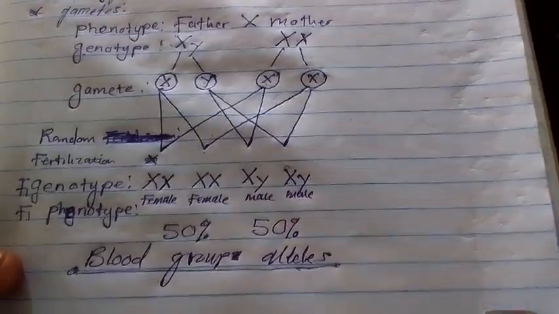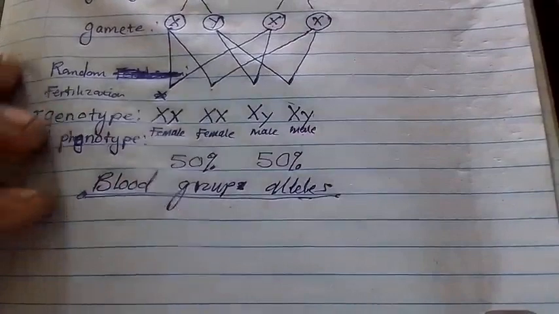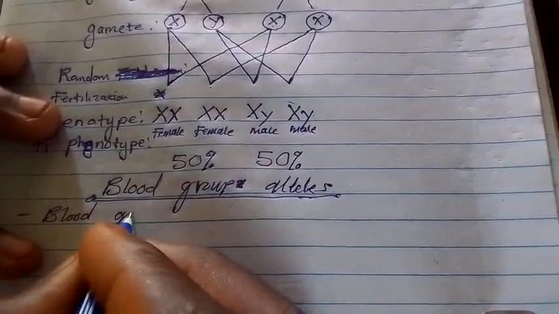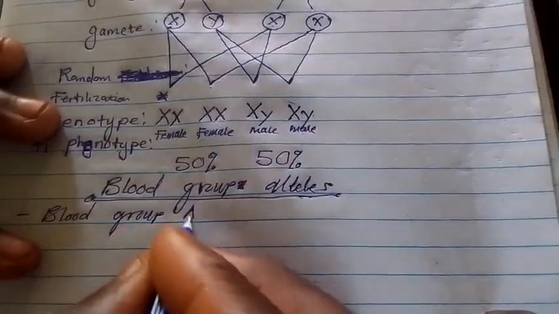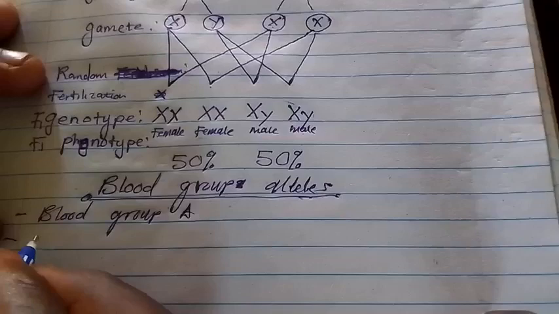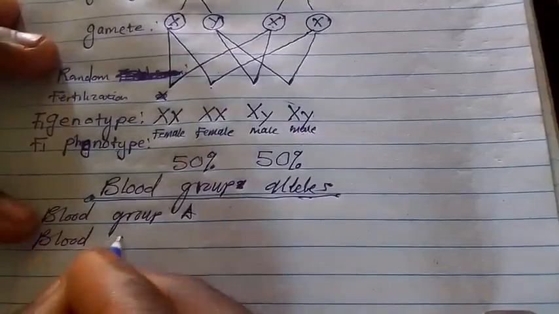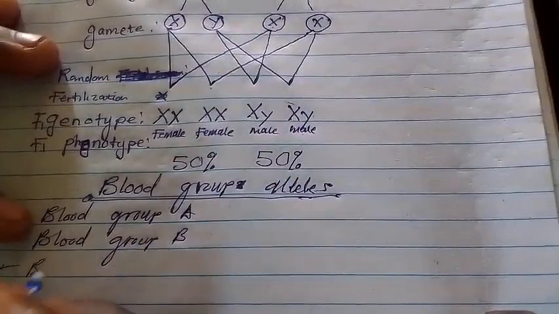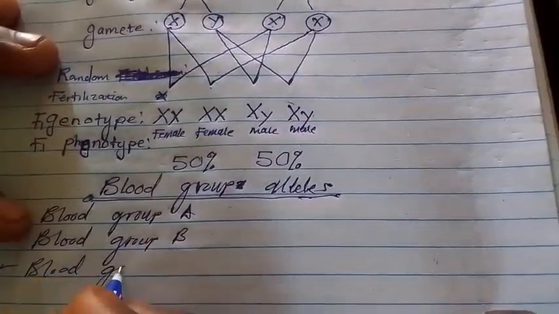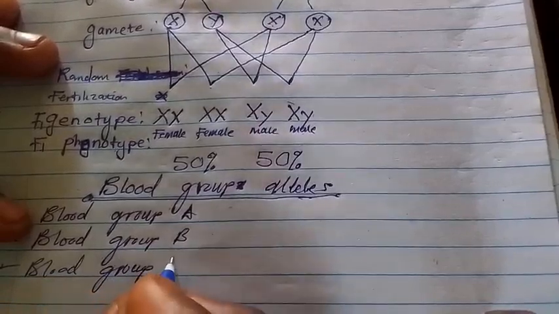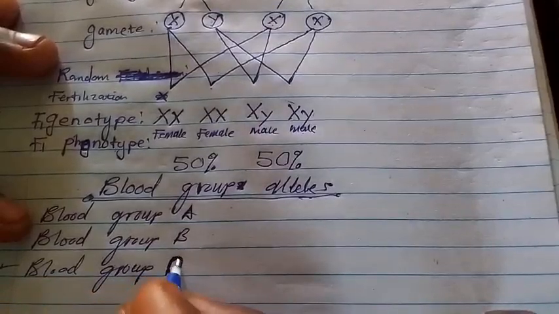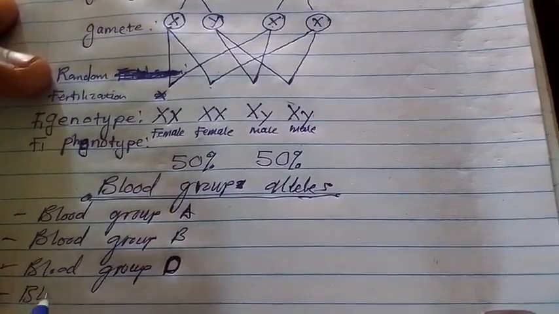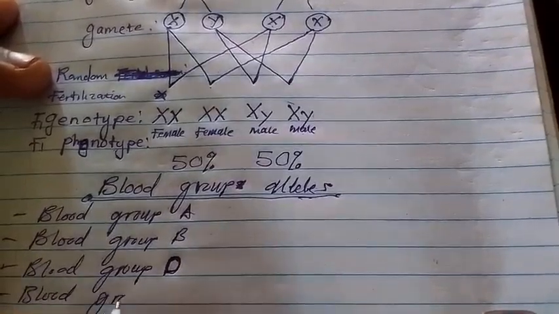We have blood group A. Apart from blood group A, we also have blood group B. Then apart from blood group B, we also have blood group O. Then apart from blood group O, we also have blood group AB. Okay? So these are the blood groups that we have.